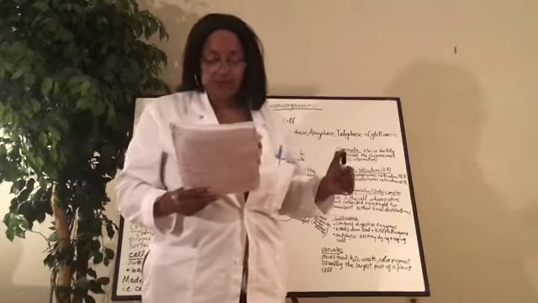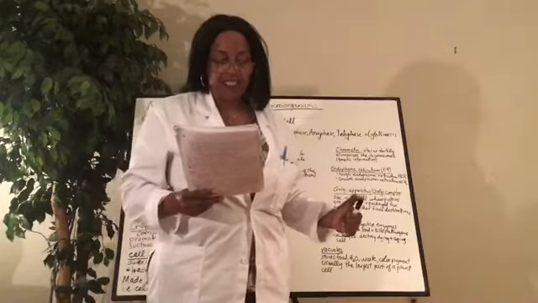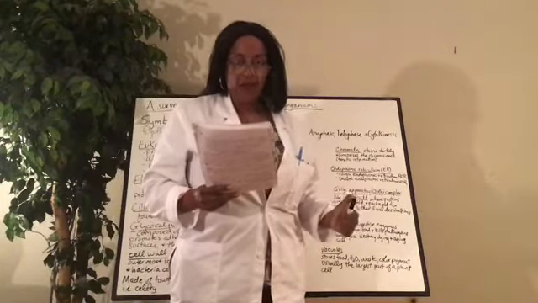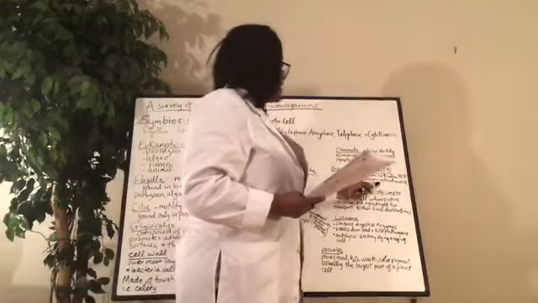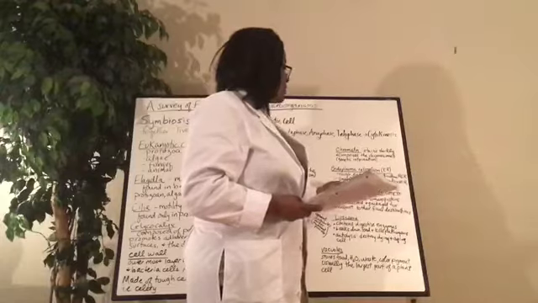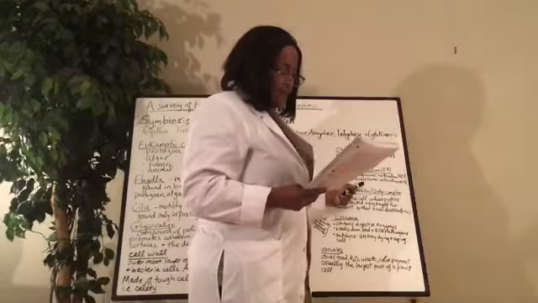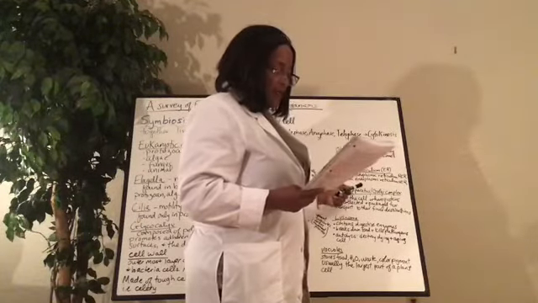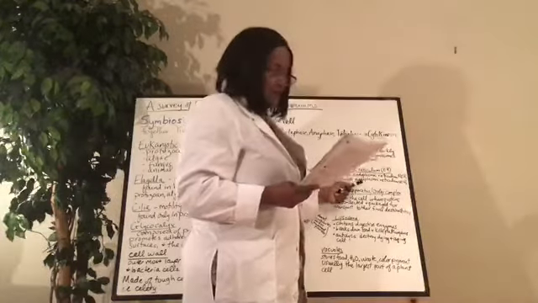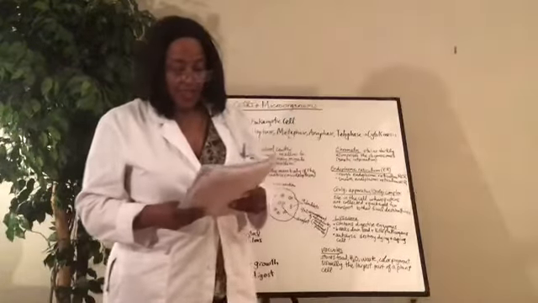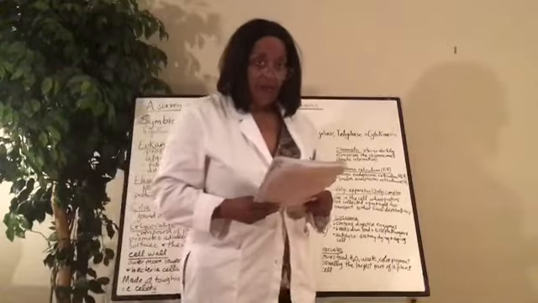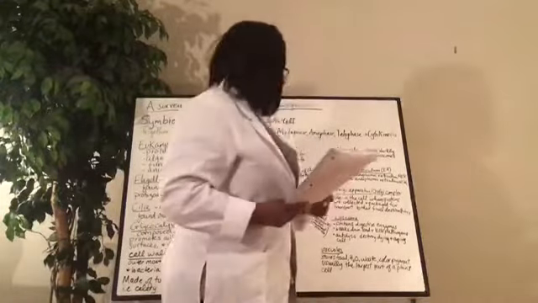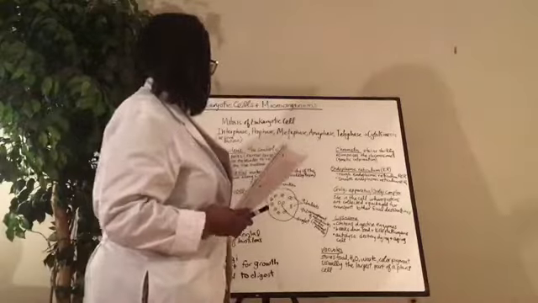It also serves as a site for detoxification of a variety of metabolic products. So the smooth ER serves as a storage site for lipids, for transport of lipids, and also a site for detoxification of a variety of metabolic products. Okay?